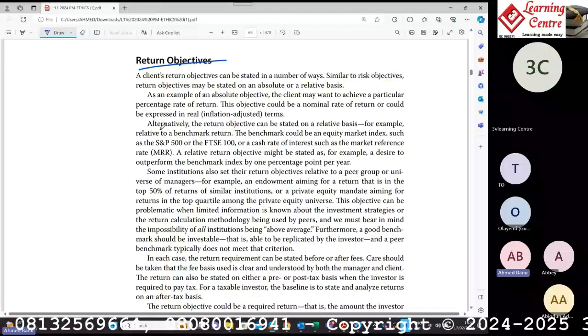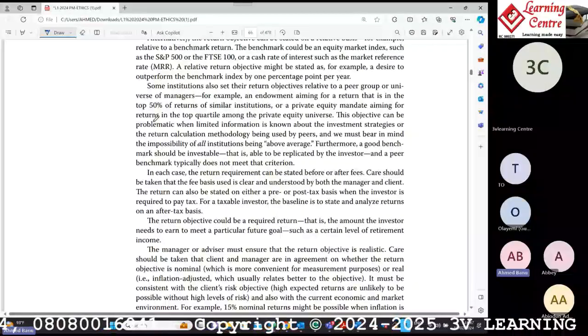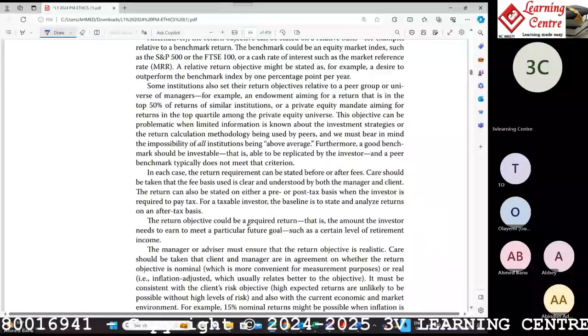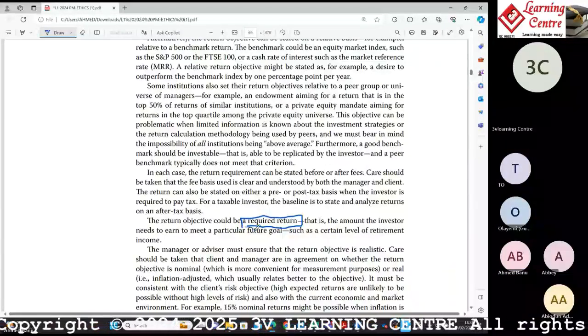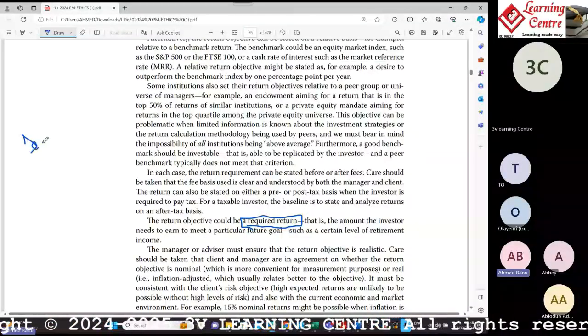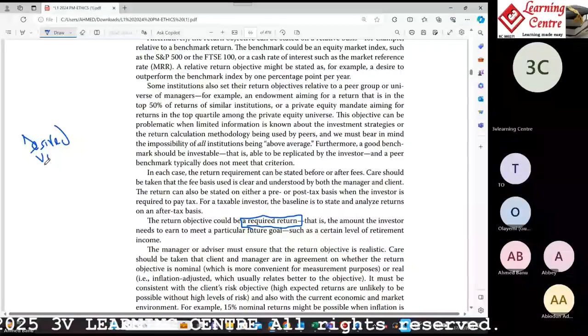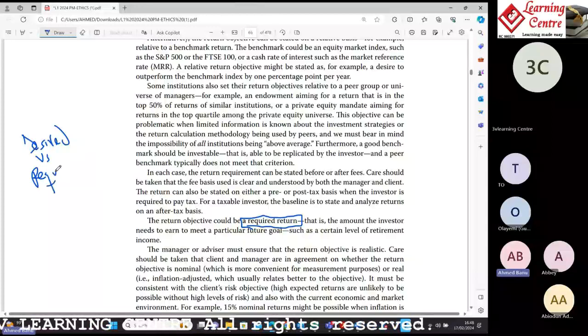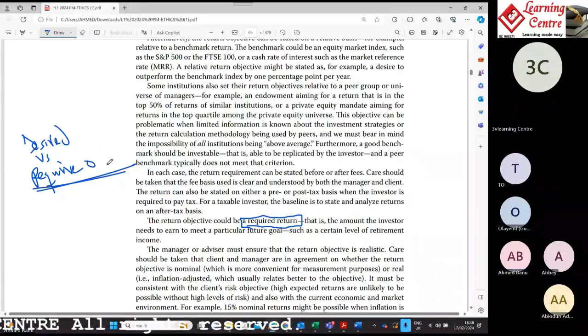However, when we talk about return, we focus a lot on a term called required return. So there's something called desired return. Desired return is different from required return. Now, required return is the return that the client needs to earn in order for that objective or that investment goal to be achieved.